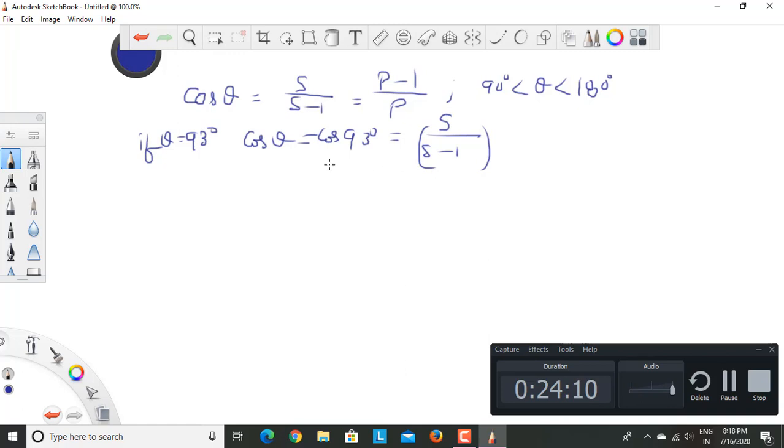If you solve this, it will be coming around 3%. The percentage of hybridization, the percentage of s character, is around 3%.